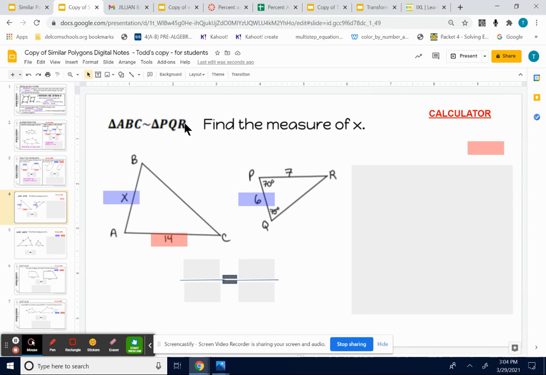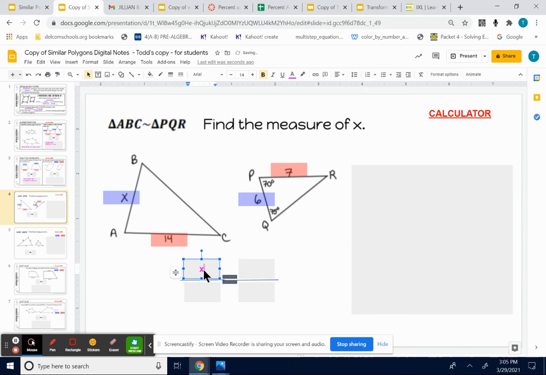The side that joins points P and R. Here's P, here's R. So 14 must correspond to 7. So even though they try to mess the shapes up to confuse you, we could know by the order of these letters that X corresponds to 6 and 14 corresponds to 7. And then you're on your way.